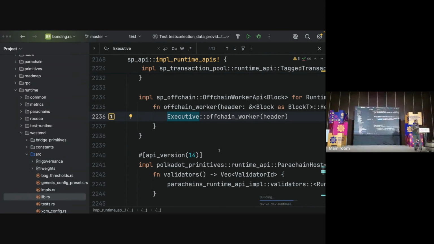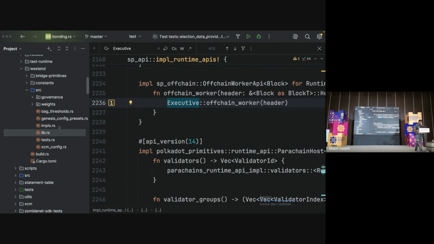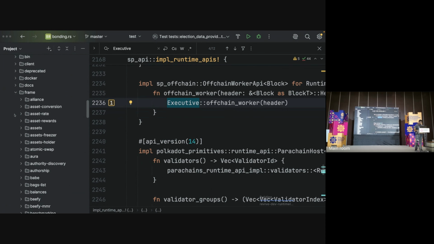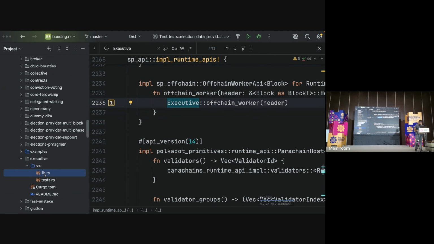But for the off-chain worker, I could show you a little bit. At least one program that I know that we wrote, like an election miner, we call it. Okay. Executive.